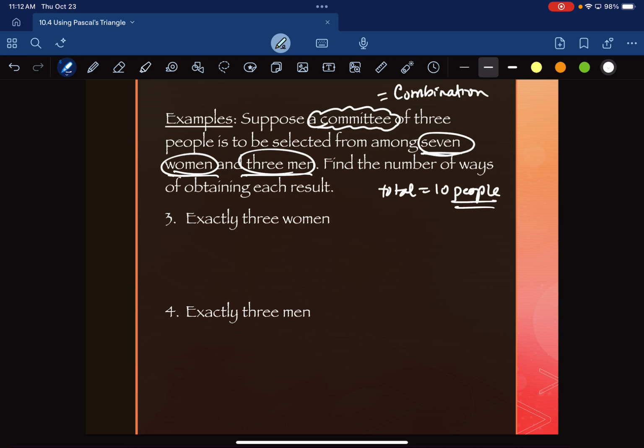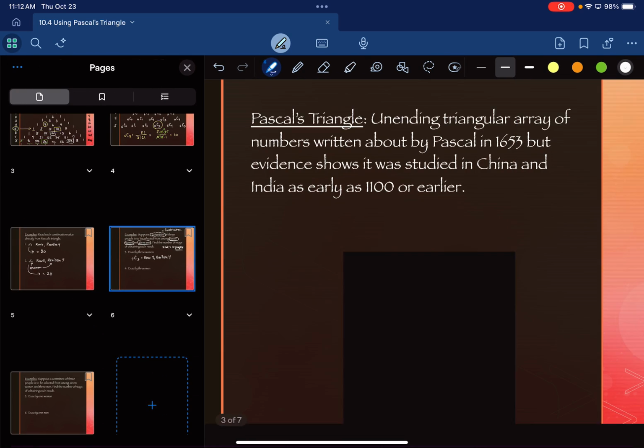This one says we want exactly 3 women. Okay, so how many women, not total, but how many women are there to pick from? 7. And how many am I supposed to be choosing? 3. So this is 7C3. Thinking about it from a Pascal's triangle perspective, what row am I on? Row 7. What position am I in? 4. Okay, so I'd like for you to go back to Pascal's triangle over here.